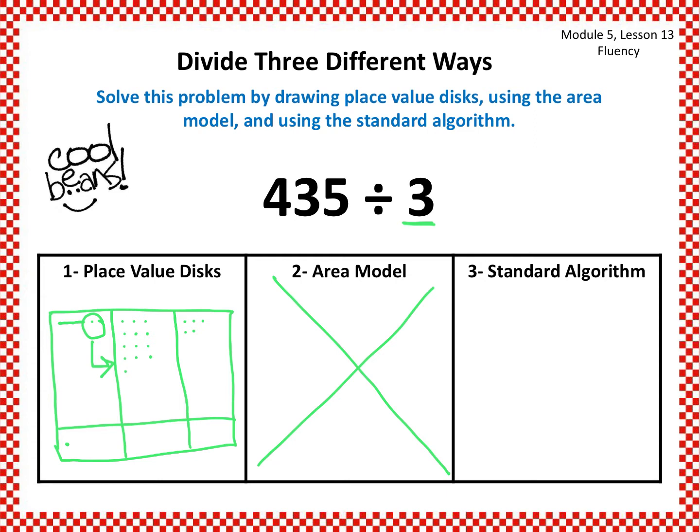So as I look at this, I say I have one group of 3, 2 groups of 3, 3 groups of 3, 4 groups of 3, and again, I've got one left. So instead of saving it there as 110, I'm going to move it next door, basically, and save it as 10 tens. So 1, 2, 3, 4, 5, 6, 7, 8, 9, 10.